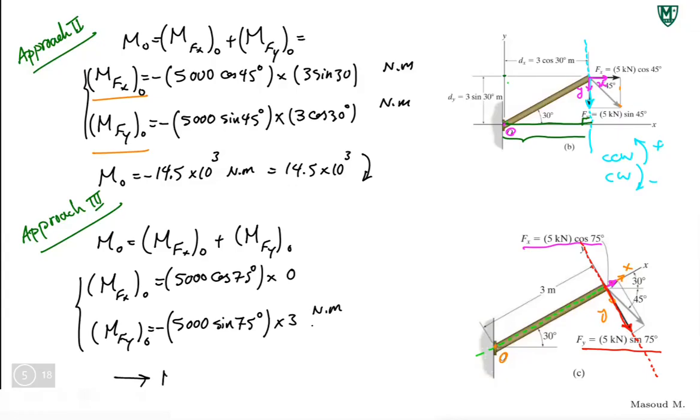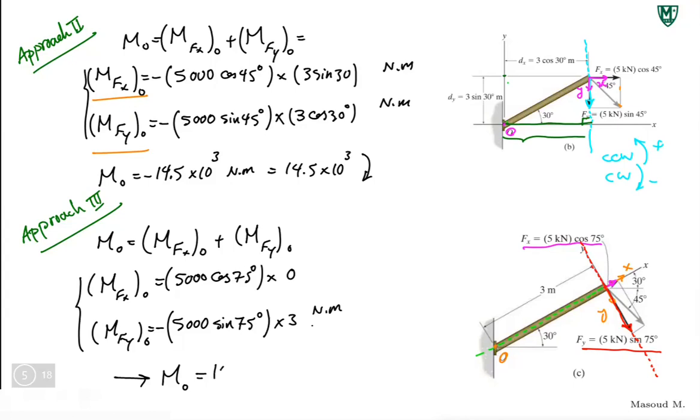Then as a result, you get MO. If you sum these two up, let me just double check the number, at least on this one. If they're wrong, I'll fix it later on, but sine 75 times 3, 14.5. Yeah, that's approximately correct.